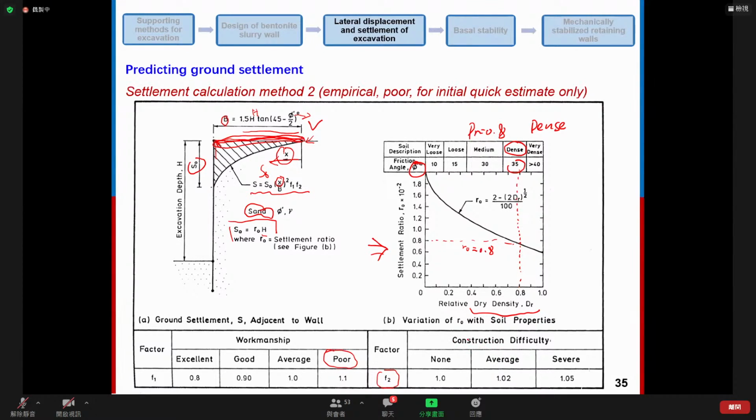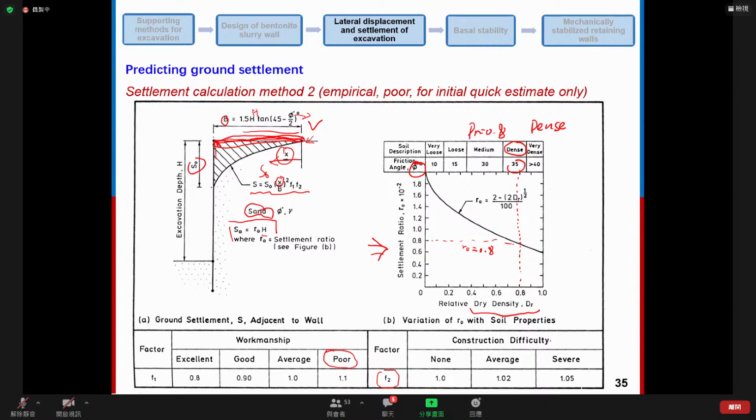So this means how difficult it is to do the excavation. If it's not difficult at all, we have F2 equal to 1. If it's average, we have F2 equal to 1.02. But if it's very difficult to do the excavation, then we have F2 equal to 1.05.